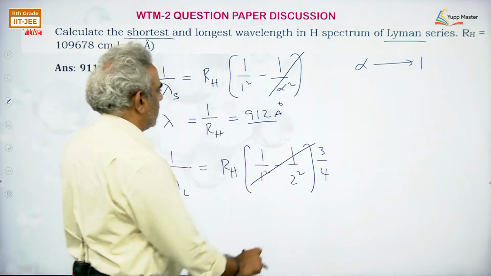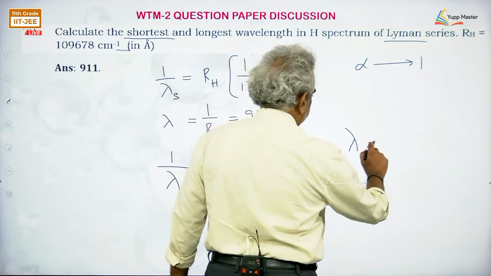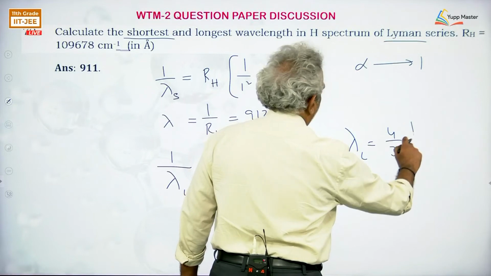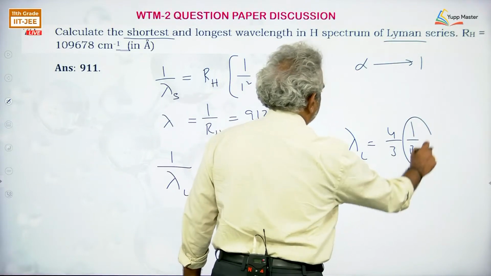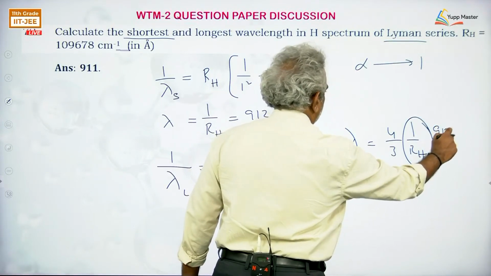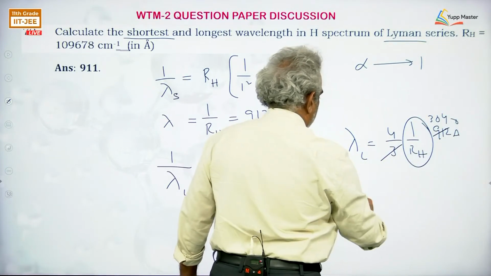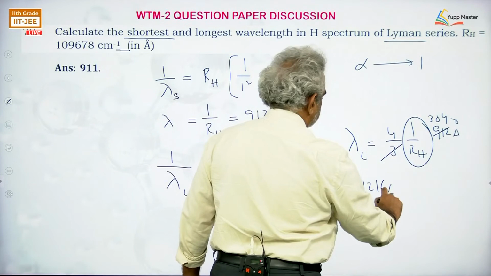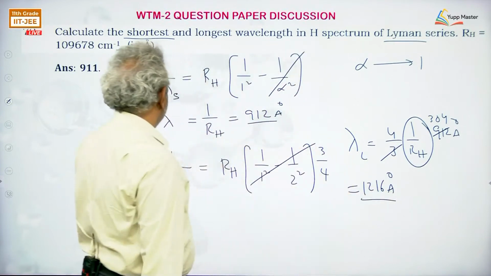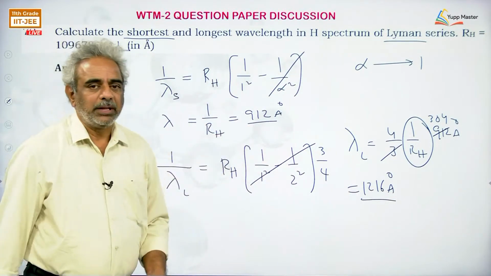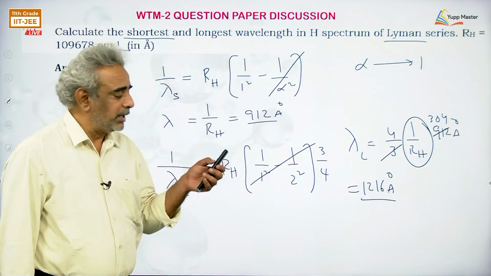So, lambda L will be 4 by 3 times 1 by RH, and this is 912 angstroms, so it is going to be 1216 angstroms. This is the longest, and the earlier one is the shortest wavelength in the hydrogen spectrum, Lyman series.